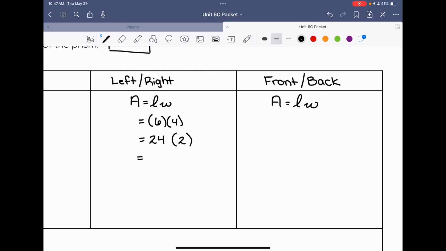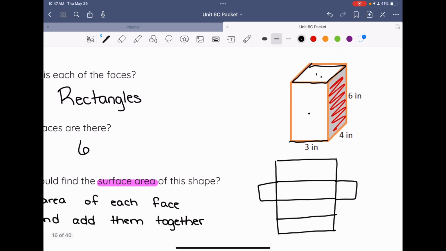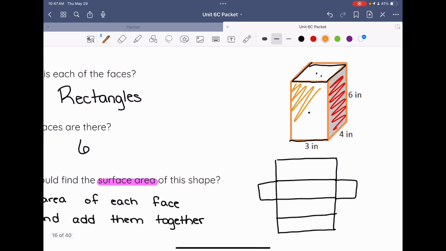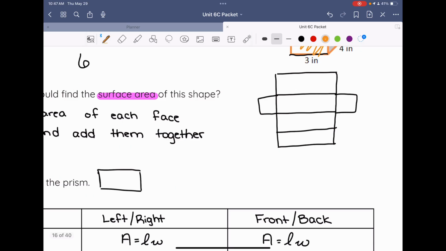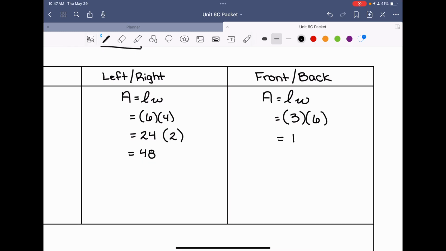So in total, my left and right are 48. And lastly, the front and the back. The very front of my shape here is 3 times 6. So I'm going to multiply 3 and 6, which gives me 18. And remember, there are 2 of them that are exactly the same, so I'm going to multiply by 2 for a total of 36.